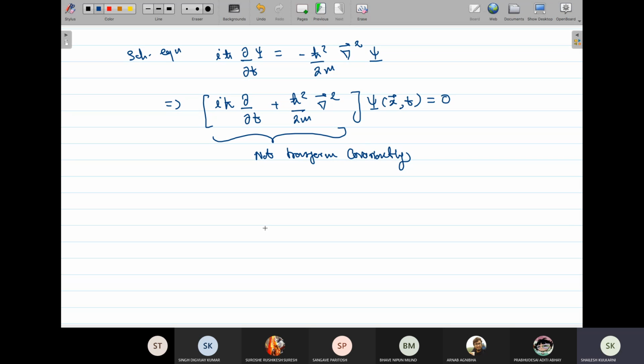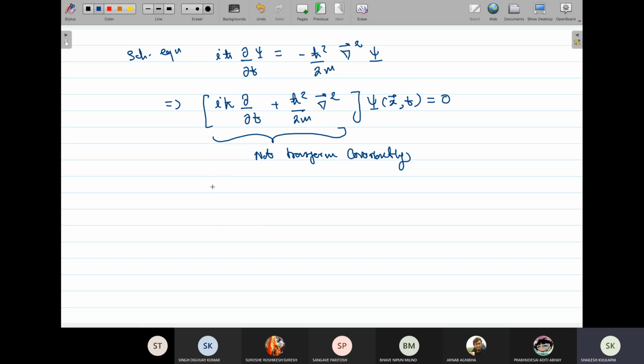So what does one need to do? Either one should consider an equation involving a second order derivative with respect to time, or one should reduce the order of the spatial derivative.